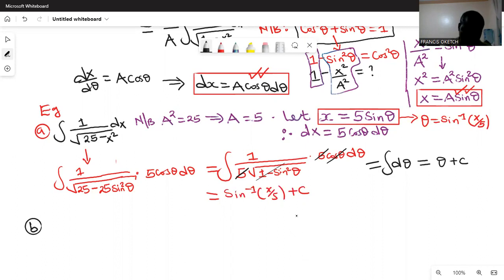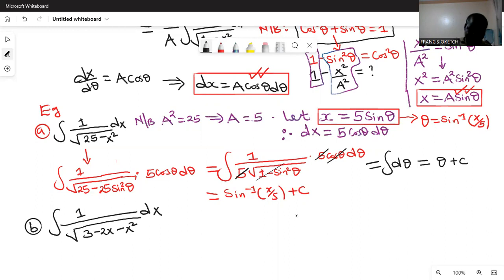In this part, you are told to evaluate the integral of 1 over the square root of 3 minus 2x minus x squared dx.